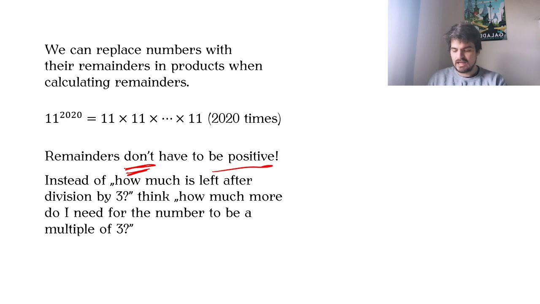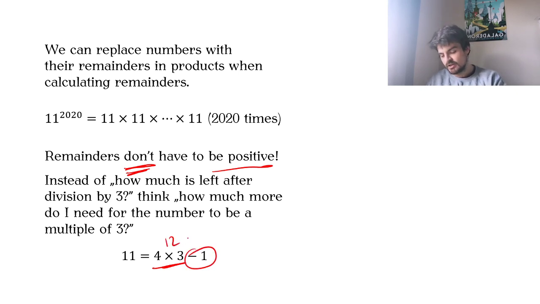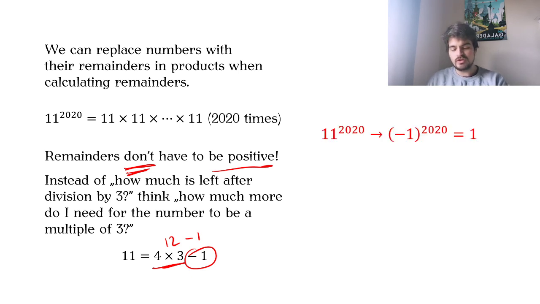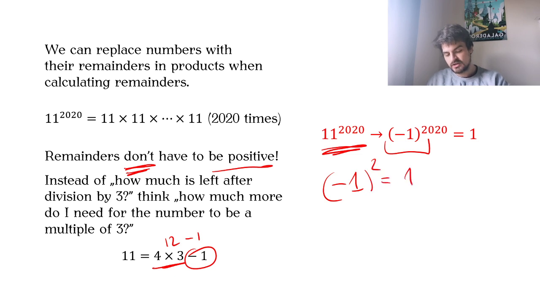So what I mean by that is 11, for example, is 4 times 3 minus 1. So 12 minus 1 is 11. So instead of replacing 11 by 2, we can replace it by minus 1. And if you do that, then 11 to the 2020 becomes minus 1 to the 2020. And minus 1 squared is just 1.